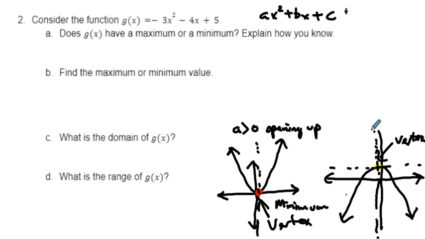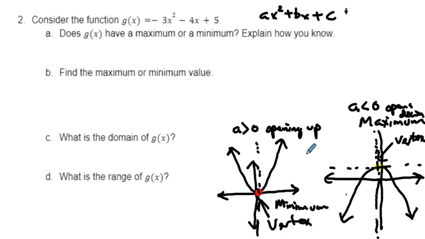Because it's the highest point, that would be called a maximum. Every other point is going to be lower than it. Those are the two general cases. Like in the first one, a was greater than 0 and it opened up. In this one, a is less than 0, and so it opens down, which we can see from looking at it.